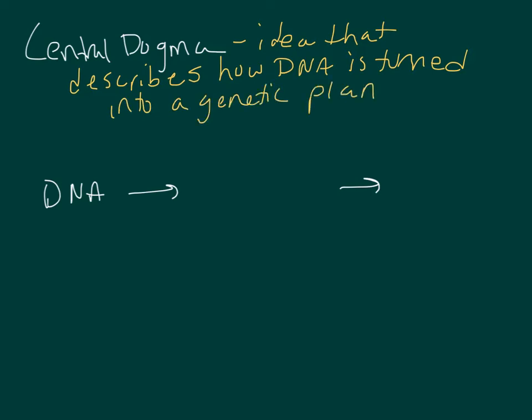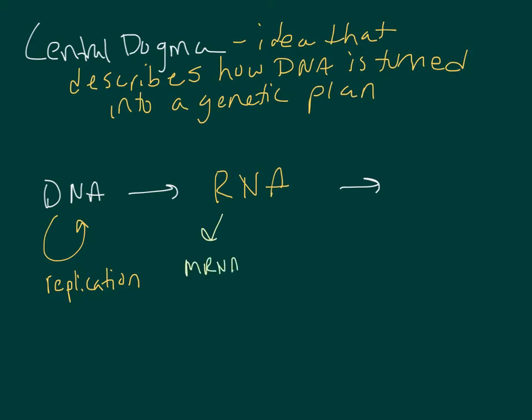So in this plan, we go from DNA, that DNA is replicated, so we talked a little bit about replication in class. DNA then becomes something called RNA, and there are 3 types of RNA: messenger RNA, transfer RNA, and ribosomal RNA.